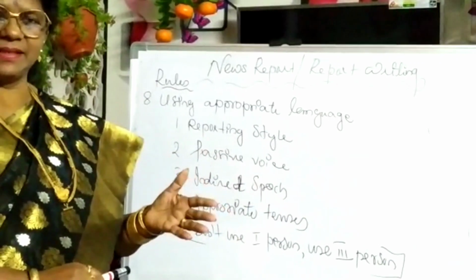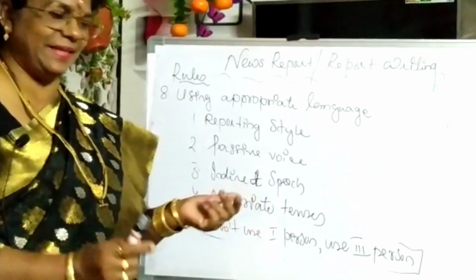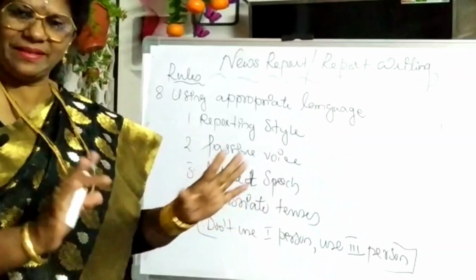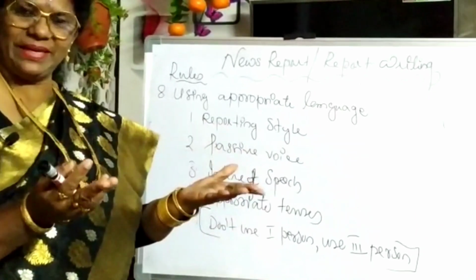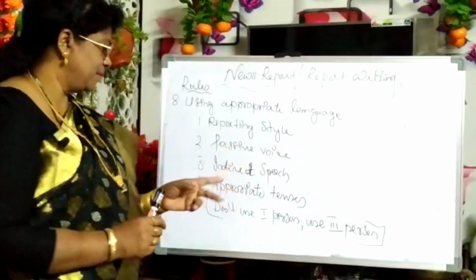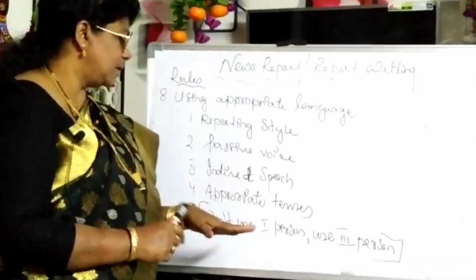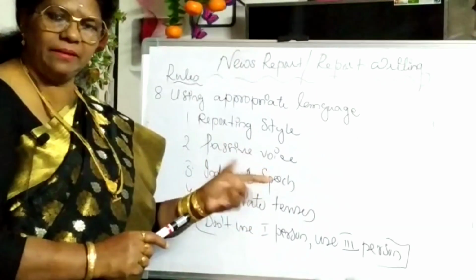Appropriate tenses. We have vast knowledge about tenses. We need not bother about tenses because all my students are up to date. Okay, they are all well and good in tenses. Then another one, don't use first person. You can use third person while writing a report. Okay.